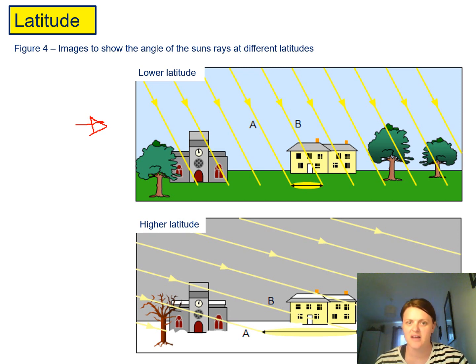This means the sun's energy is more concentrated, so more sunlight and heat energy gets to this area. If we look at areas of a higher latitude, further away, the sun's energy is coming in more at an angle. So it's less concentrated. Therefore, less heat energy will get to these areas, causing them to be cooler.